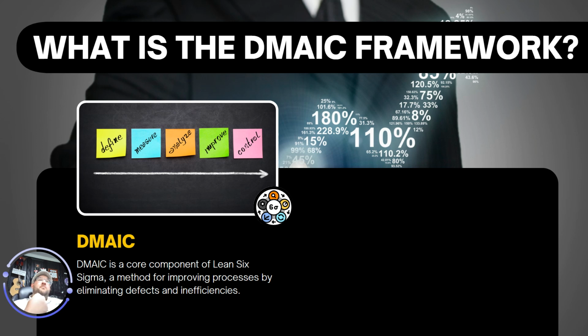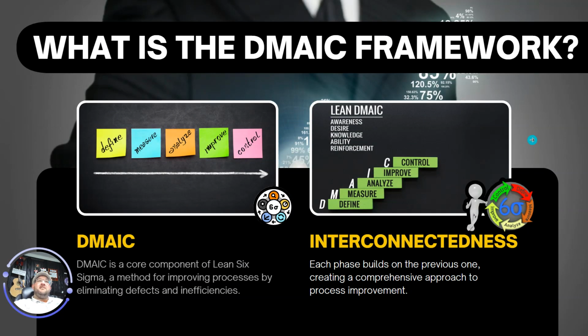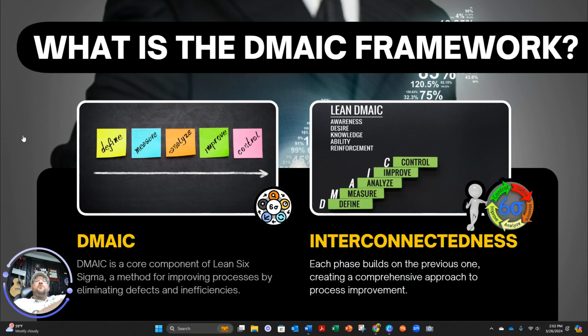It's a method for improving processes by eliminating defects and inefficiencies in an organization. It's about interconnectedness. Each phase builds upon the previous one, creating a comprehensive approach to process improvement. Overall, when utilizing the DMAIC framework, it's a good tool that we can utilize to do continuous improvement activities.